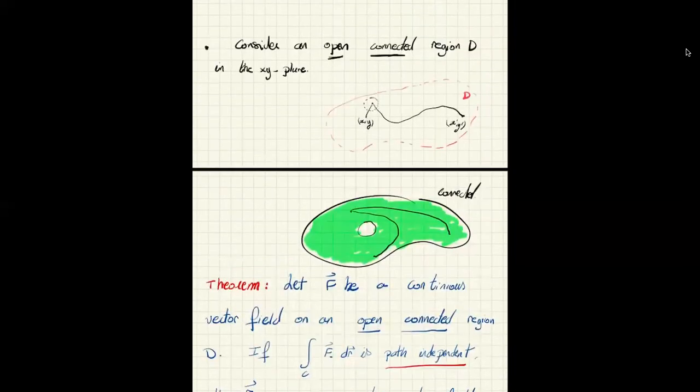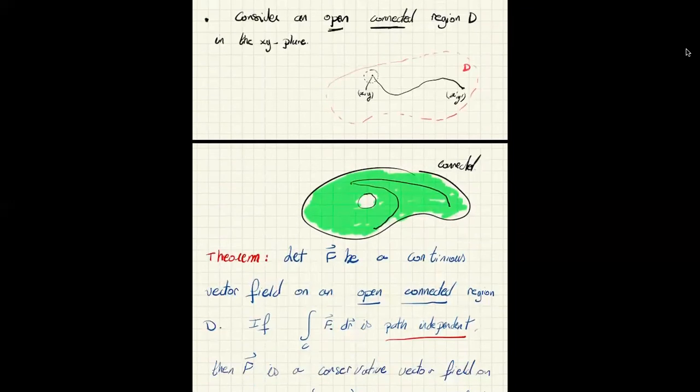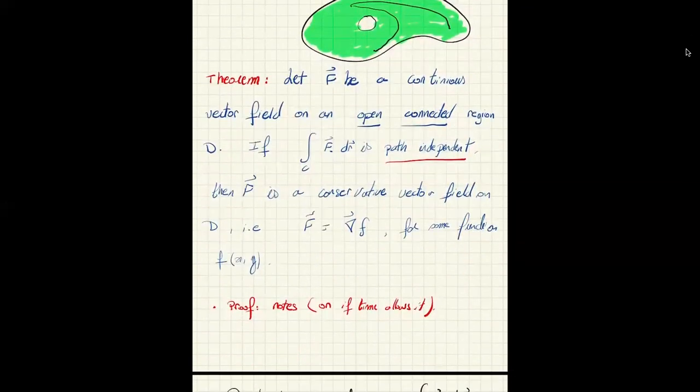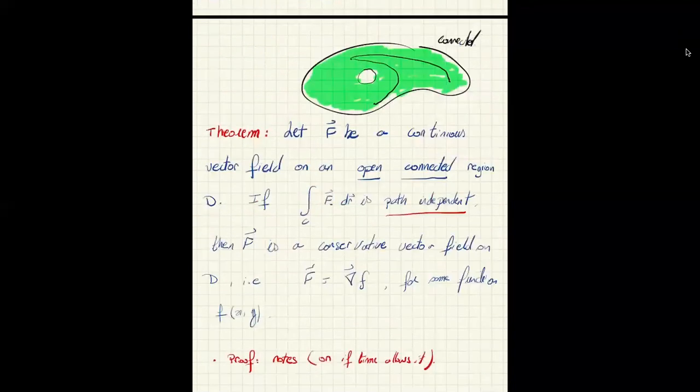Okay, and then we introduced these open connected regions, and I told you that if you have a vector field defined on this type of region, then the only path independent vector fields are those that are conservative. There's only one type of path independent vector field. It always comes from a function of two variables, only if the region is open and connected.